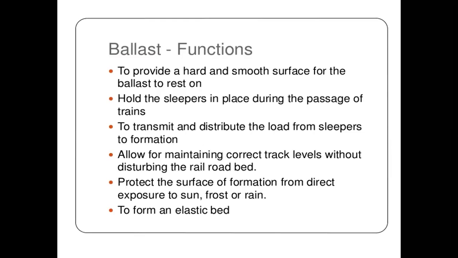The major functions of the ballast: to provide a hard and smooth surface for the sleepers to rest on, and to hold the sleepers in place during the passage of trains; to transmit and distribute the load from the sleepers to the formation bed; and to allow for maintaining correct track levels without disturbing the railroad bed.